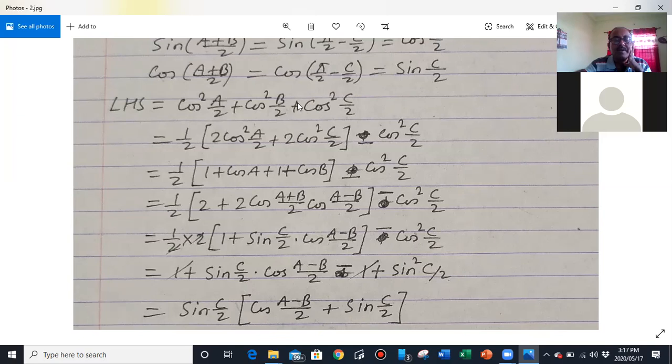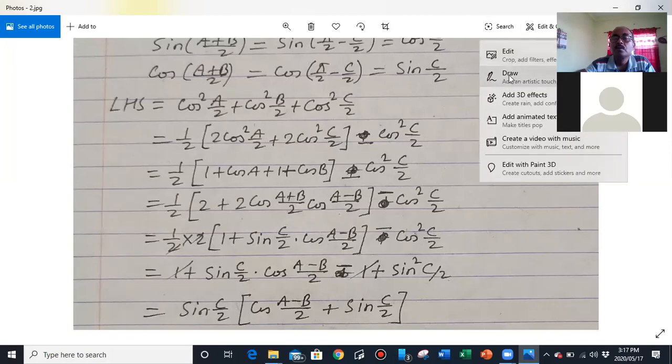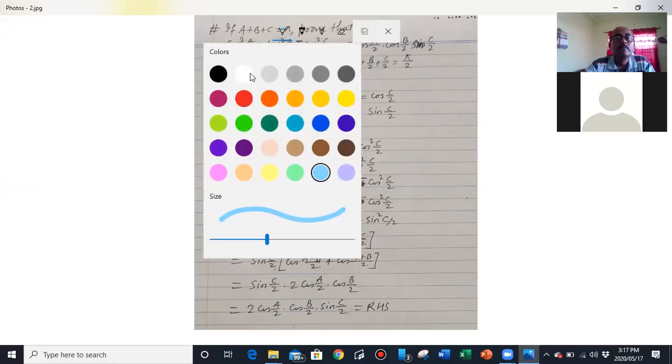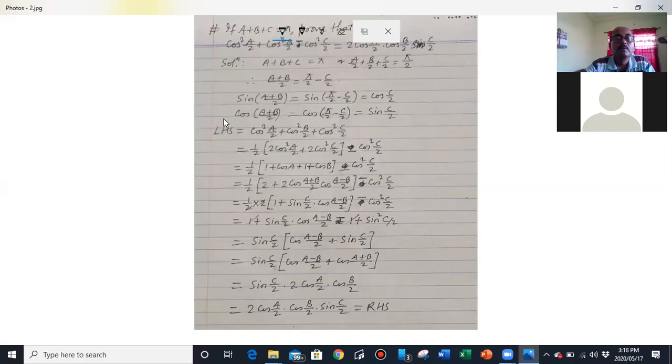Sorry, here there is one print error. This was minus.